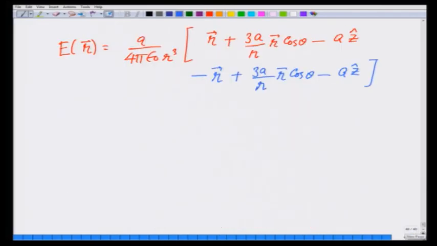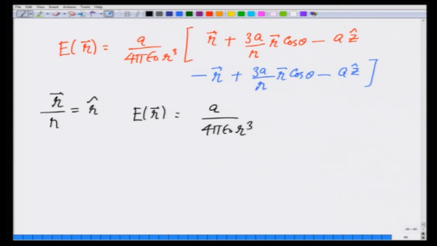And now if I use the fact that r vector divided by r is unit vector r, then I can write E of r as q over 4 pi epsilon 0 r cubed, and by the way here this term cancels.